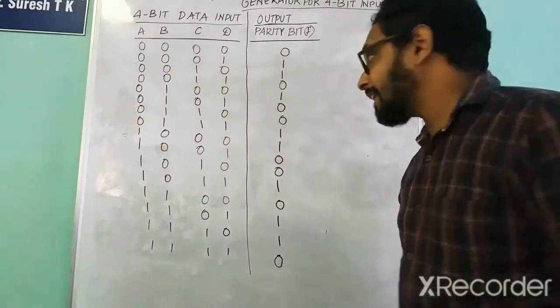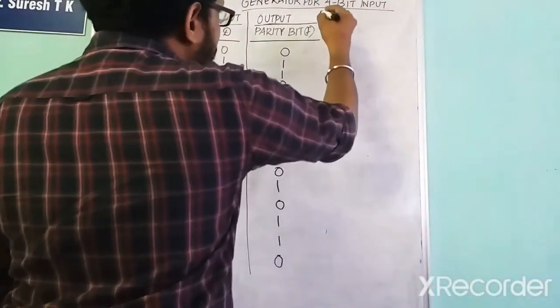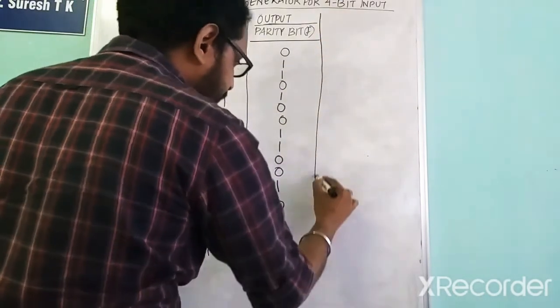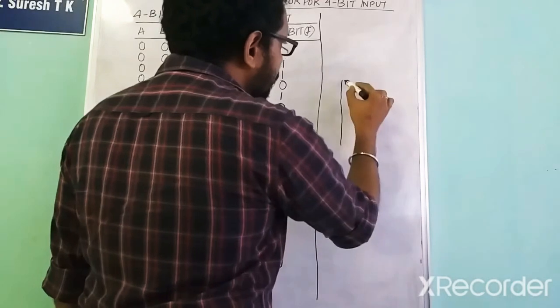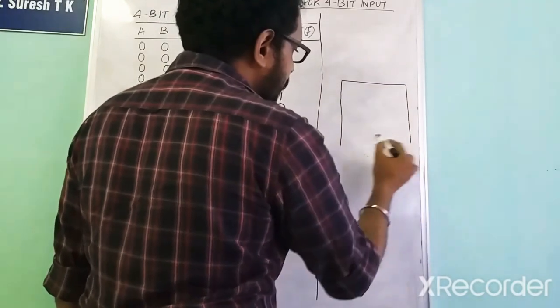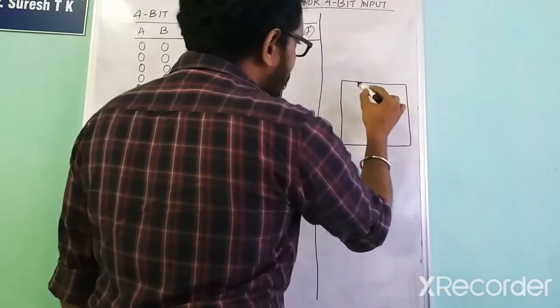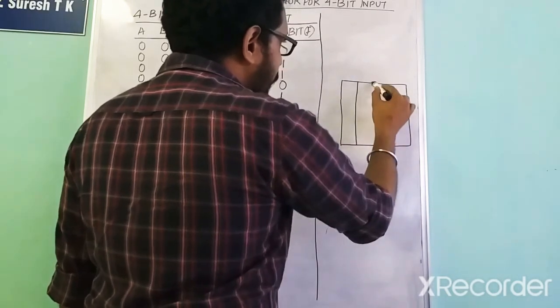Okay. Next step is constructing the Karnaugh map, a 4 variable K map.